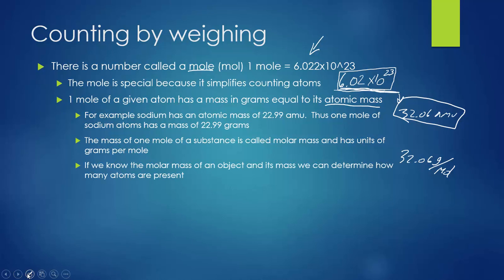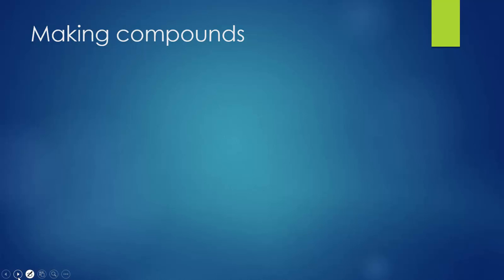So if we know the molar mass of an object, we can determine how many atoms are present because we can use the conversion factor that molar mass gives, which lets us convert from moles to grams, and since we know a mole is just 6.02 times 10 to the 23rd things, that lets us convert to atoms as well.